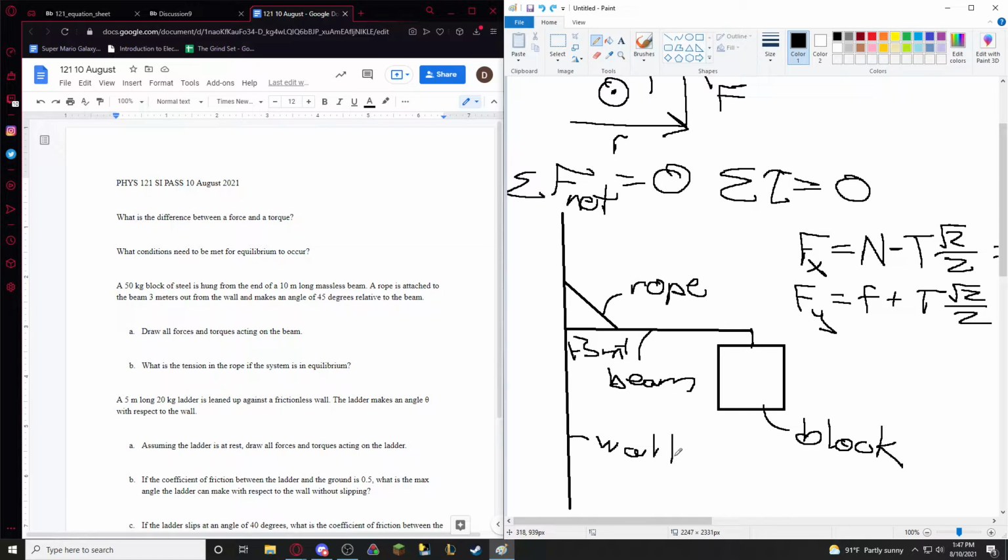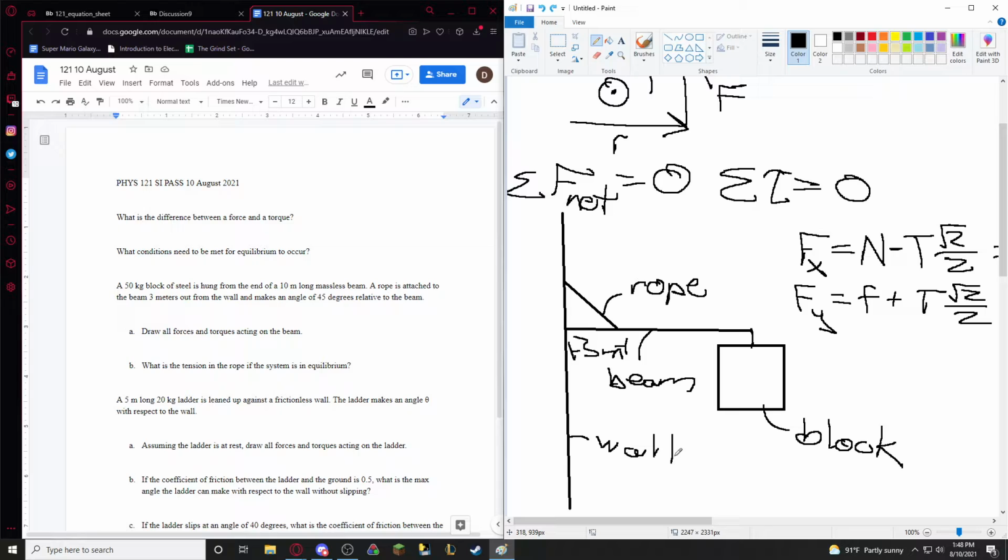So how do we calculate the torque at a point? You calculate the force at that point and the radius and the cross product.